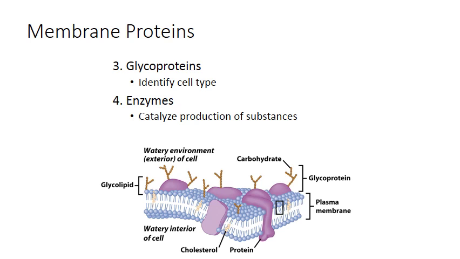What was number one? Channels and transporters. Number two? Receptors. And number three? Glycoproteins. These are all the different kinds of proteins that can be in the membrane.